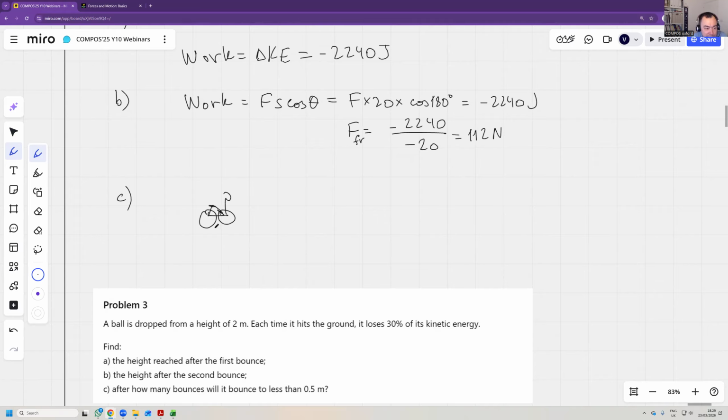And so the frictional force is backwards, obviously.